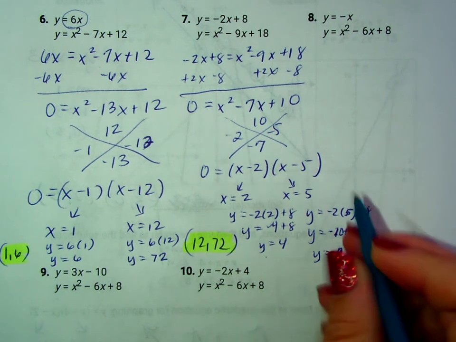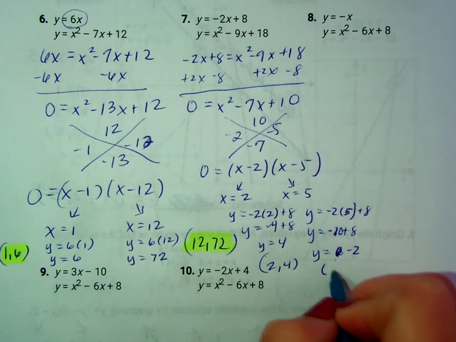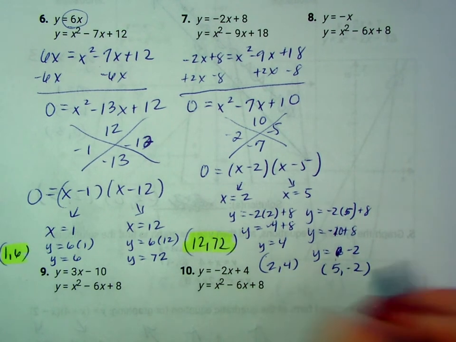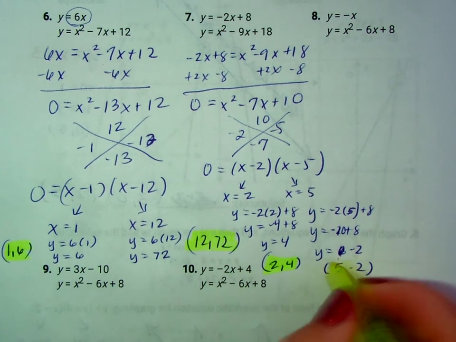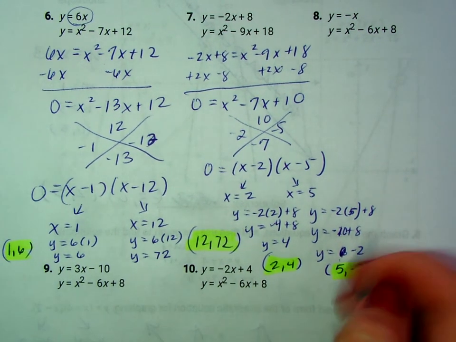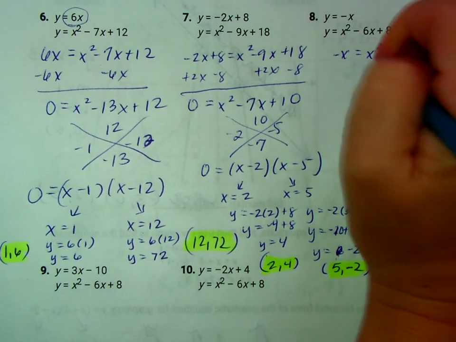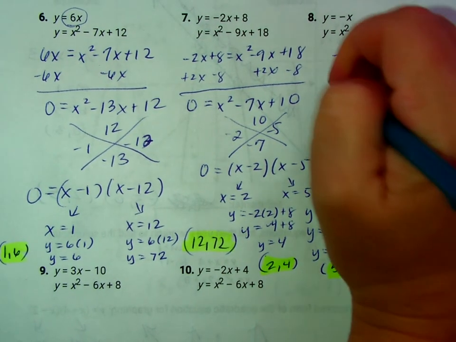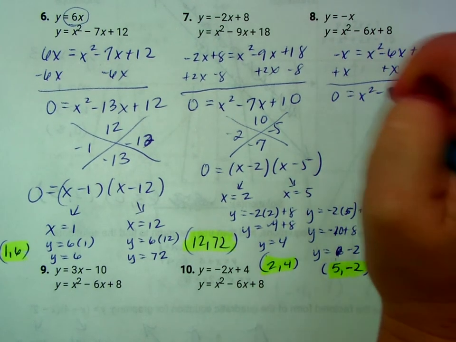Sorry, I couldn't read my own writing there. All right, so we get 2, 4 and 5, -2. These are my two solutions to the nonlinear system. Remember to pause the video and go try these and then check your answers to see how you did.